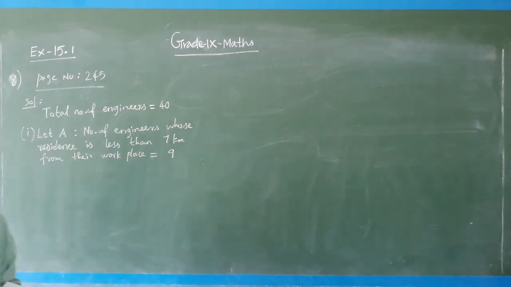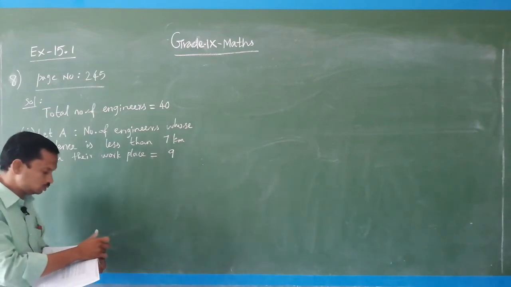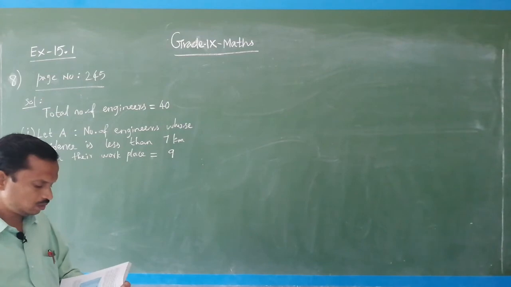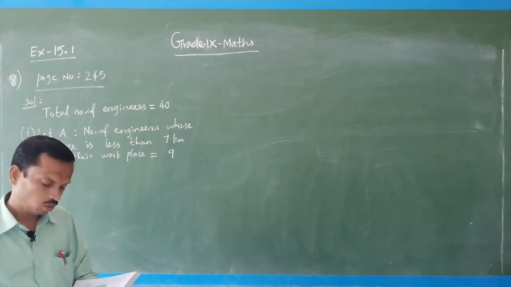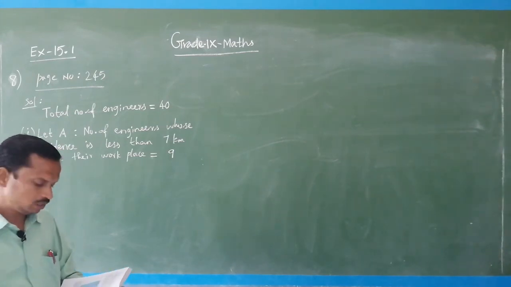So, now coming to question number 8, you have to see page number 245. So, it was given the distance in kilometers of 40 engineers from their residence to their place of work, found as follows, like that it is given. Okay.